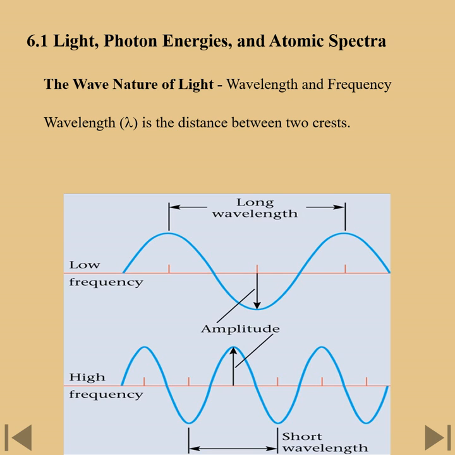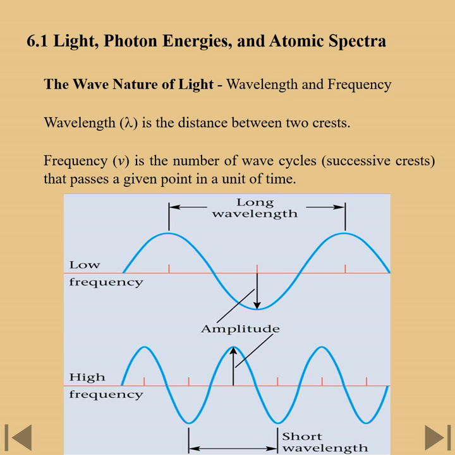But do note the difference between these two waves. We have a longer wavelength at the top, and so it has a lower frequency. Since it has a longer wavelength, it's going to take longer for them to go by, so a lower frequency of them going by. And the shorter wavelengths in the picture below essentially have a higher frequency, because if they're traveling at the same speed, more of these waves are going to go by a given point in a given amount of time.